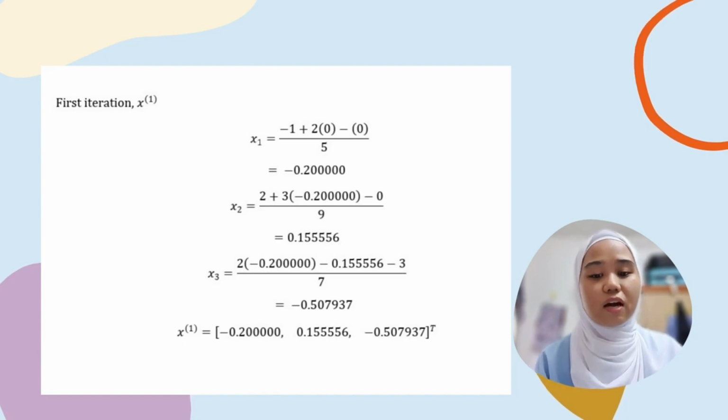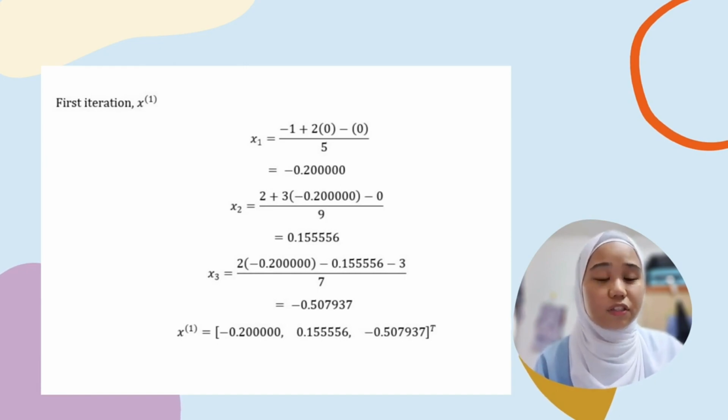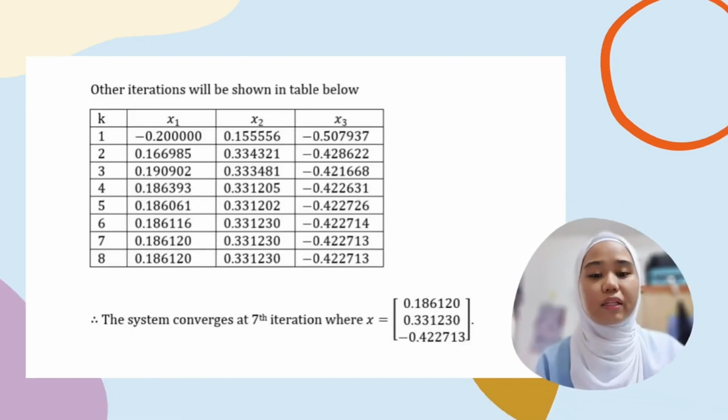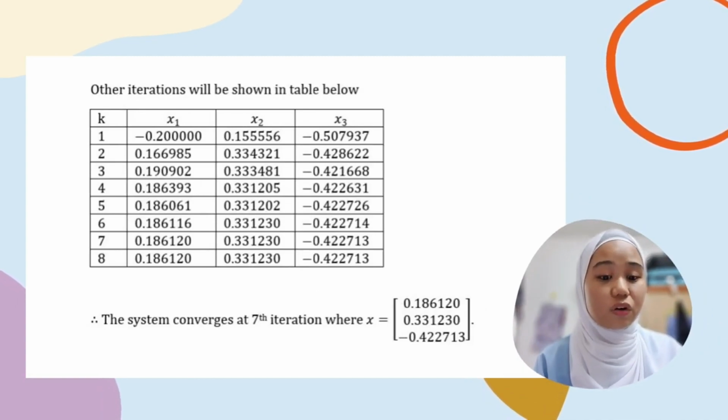So we can write down our first iteration: x1 is equal to -0.200, x2 is 0.155556, and x3 is -0.507937.